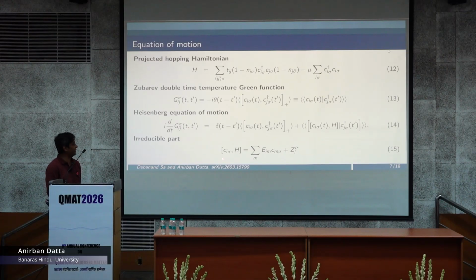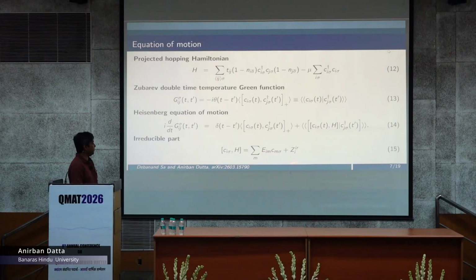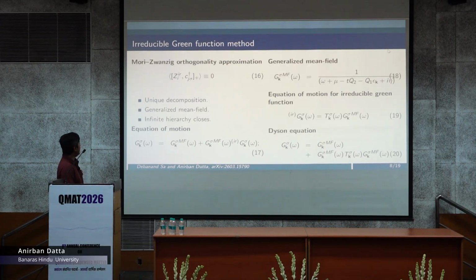That means it will fix the E term and the Z term, so it will fix what your E is and what your fluctuation Z is. Once you have E and Z, due to this condition some of the terms will become zero. You can put whatever is remaining in the commutator into the equation of motion, and then go to Fourier space, where you can write the equation of motion in this form.